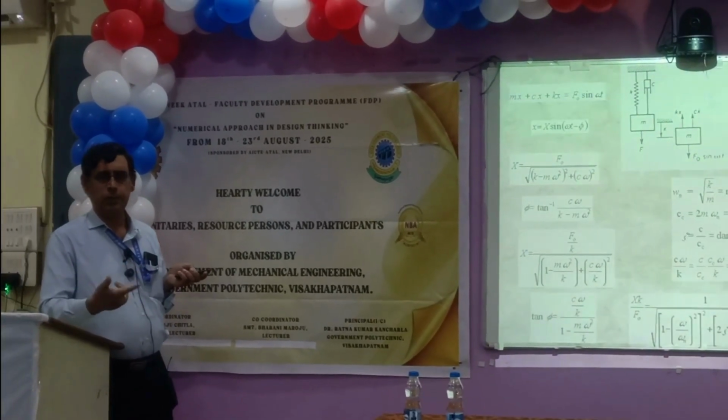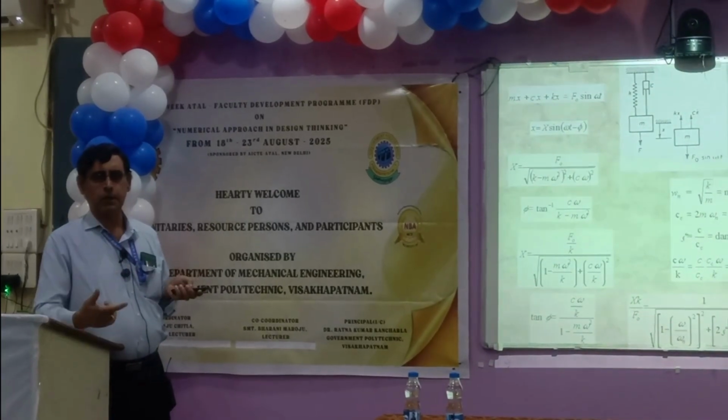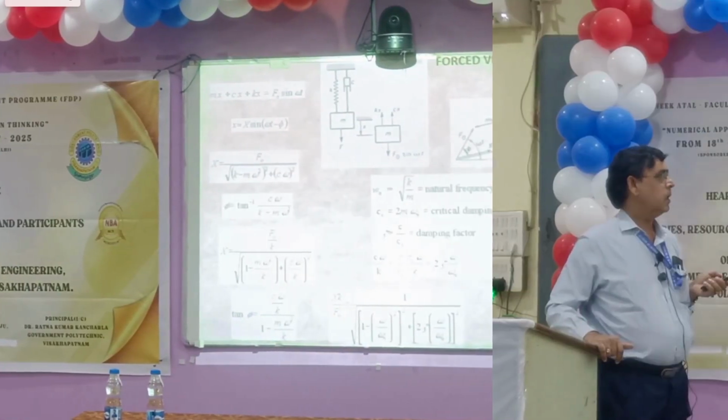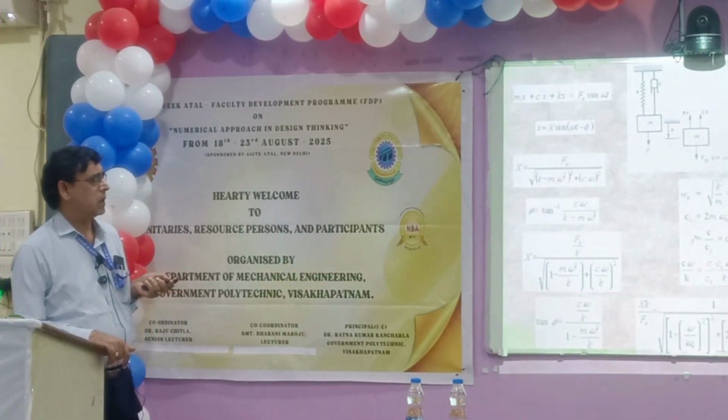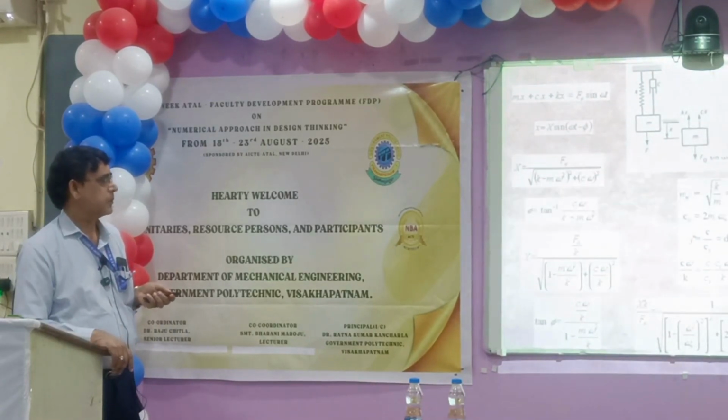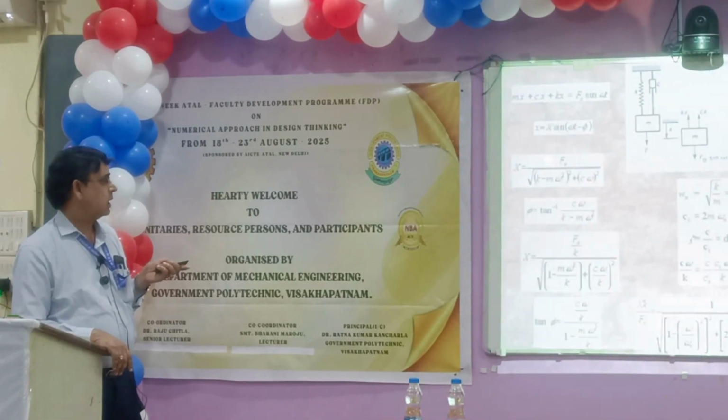For example, because of imbalance, some force may be there. Because of an alignment issue, there may be some additional force coming in. So forces are present, and they are treated as sinusoidal forces because it is a rotational object.